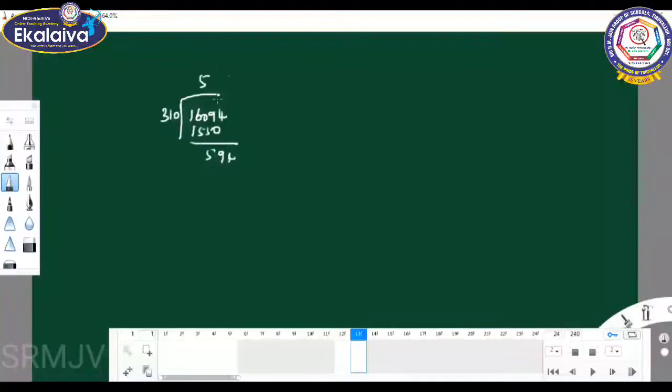So one more time 310. So approximately T equal to 51.89 minutes. You will do the calculation in the upper column.